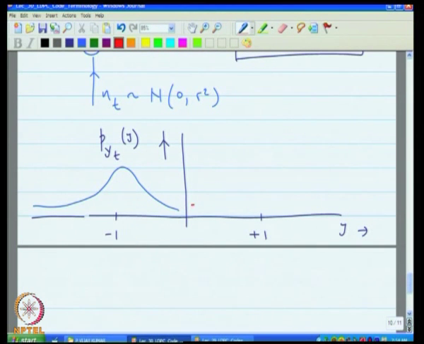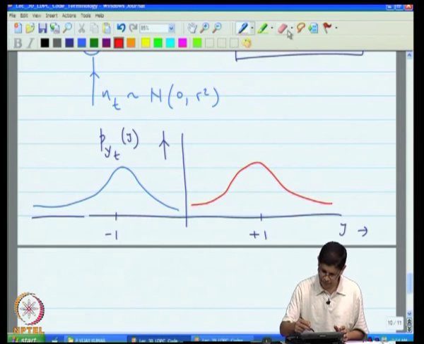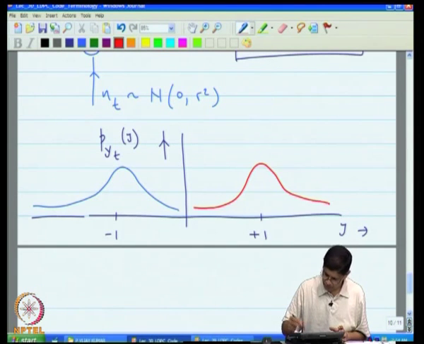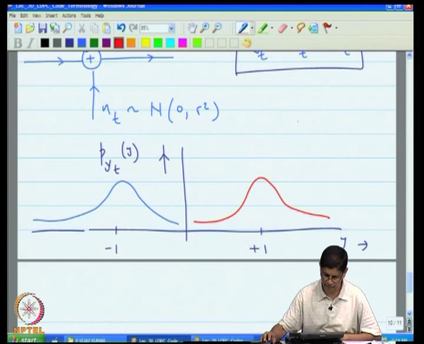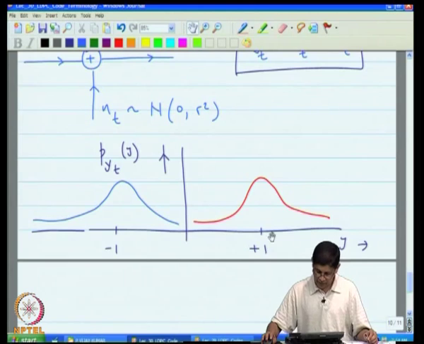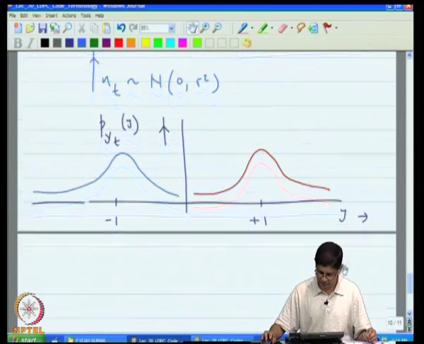I am going to draw this in red. Okay. So, what I mean by this is that if the input is a +1, then y of t has this PDF, and if the input is -1, then it has this particular PDF.